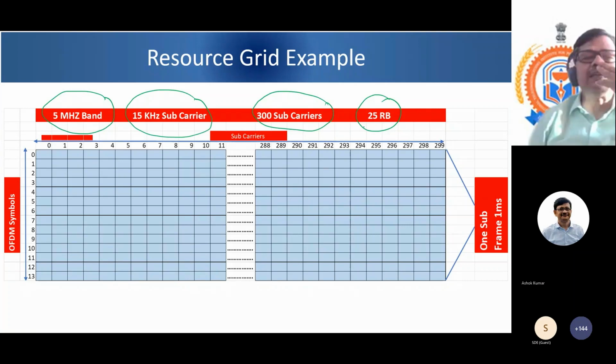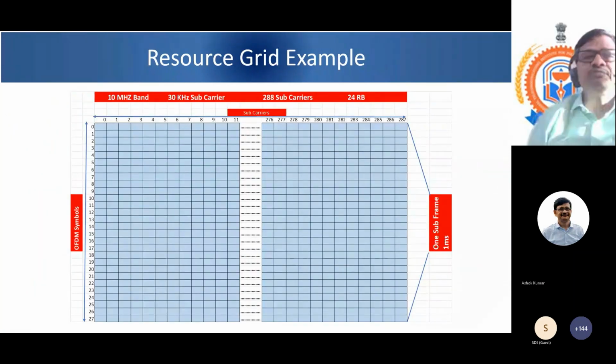In 1 millisecond, I'll have 14 symbols, so this is my time domain, with symbols 0, 1, 2 up to 14 plotted. In the frequency domain, I have 300 subcarriers, from subcarrier 0, 1 up to 299. So this is a resource grid with 1 millisecond, 14 symbols and 300 subcarriers. I plotted this in an Excel sheet and took a picture here.